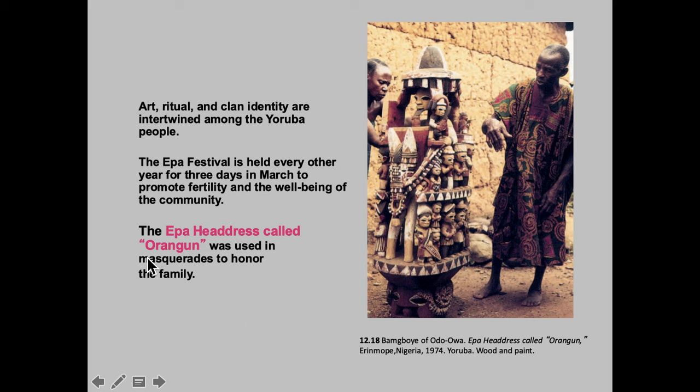So masquerade comes from Africa, and we see this throughout Africa. There are masquerades where you don't look like yourself and you have masks on. And this is the Yoruba people, and there are many, many cases where Africans wear different types of masks.